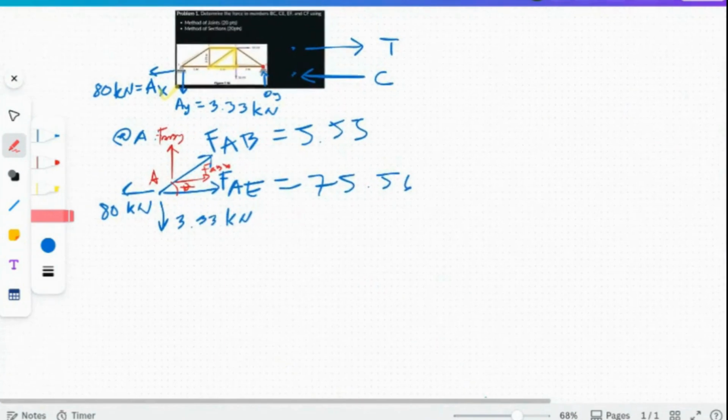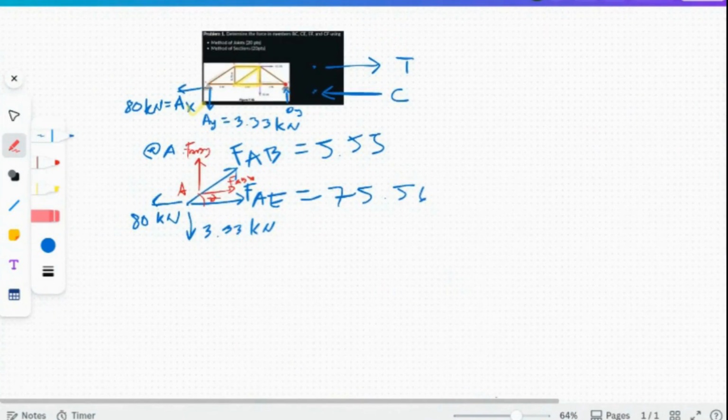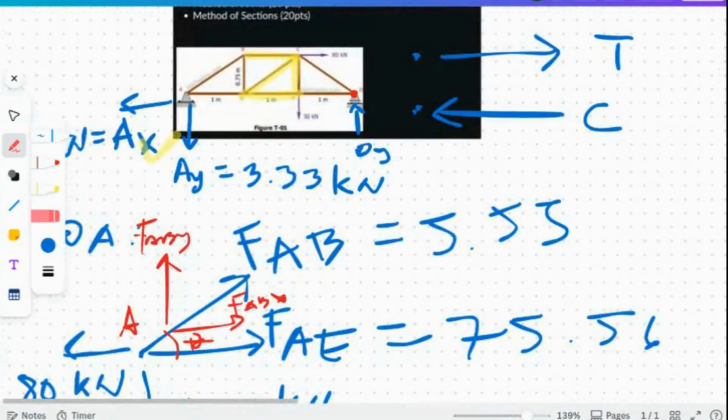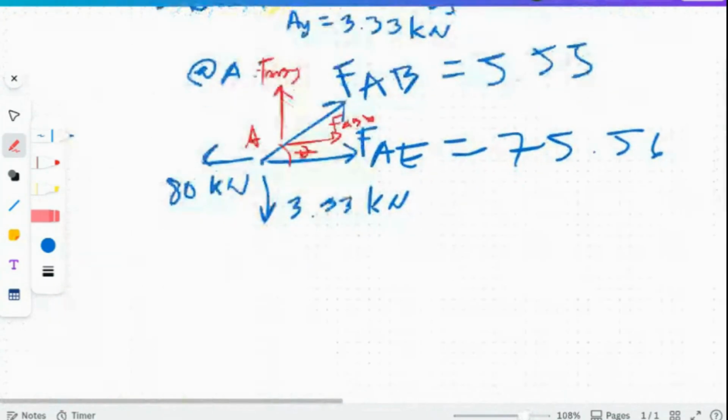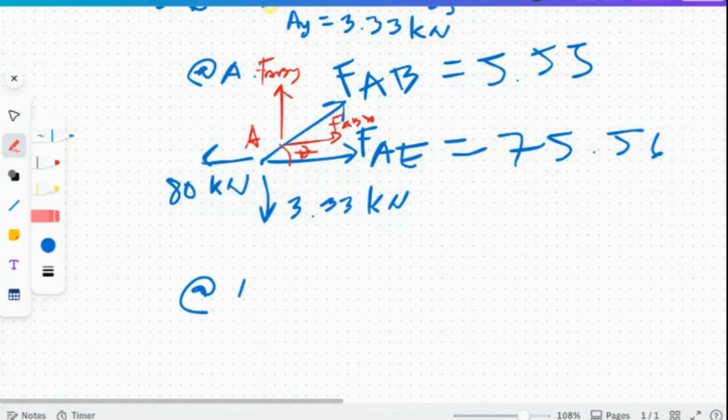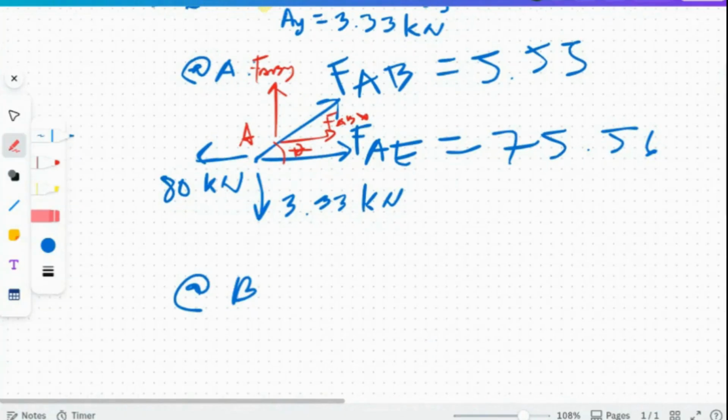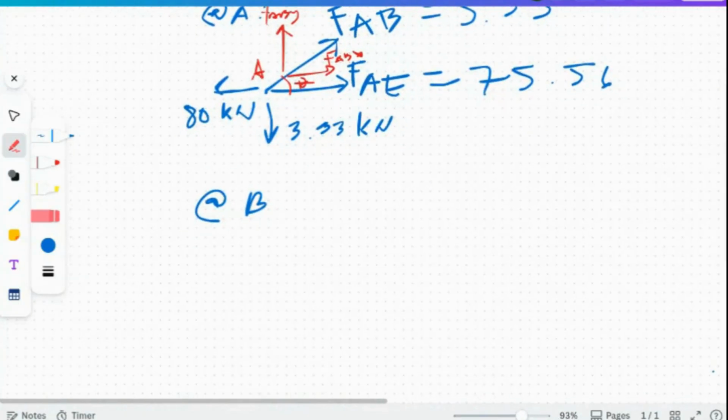Okay, next, let's go to the node where we could solve a lot of things. So that is node B. Let's go to node B. At B, we see that we have a force. So this is your B, right? Okay.